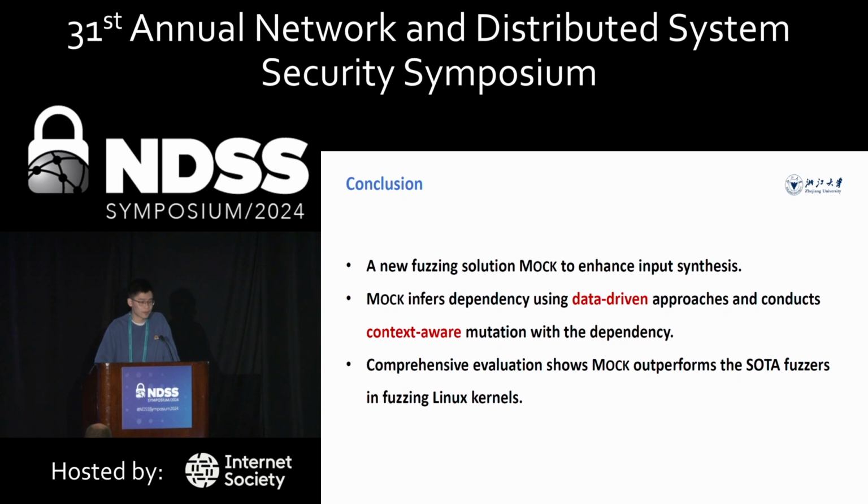Yes, we are not the first to propose balancing exploration and exploitation in the fuzzing stage. But different from previous works, the design of balancing exploration and exploitation in our work is designed for our context-aware dependencies.